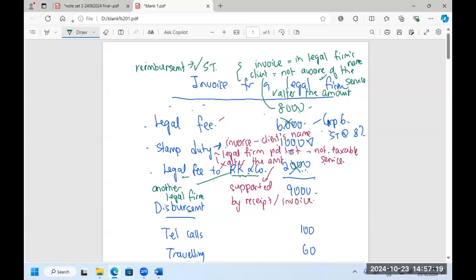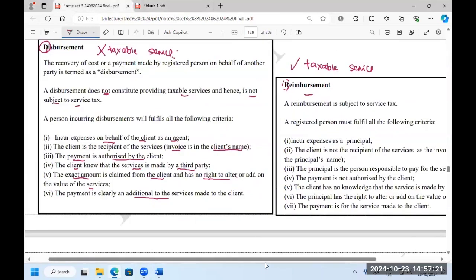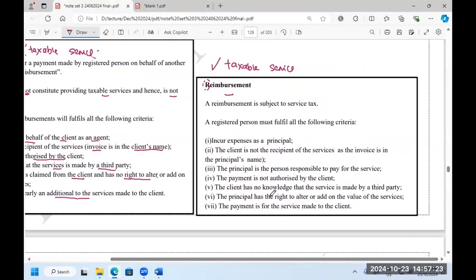All right, come, we look at the detail again. The legal firm actually incurs the expenses as principal. The invoice is in the principal's name, the legal firm's name. So since the invoice is in the legal firm's name, the legal firm is the one responsible to pay for the services.